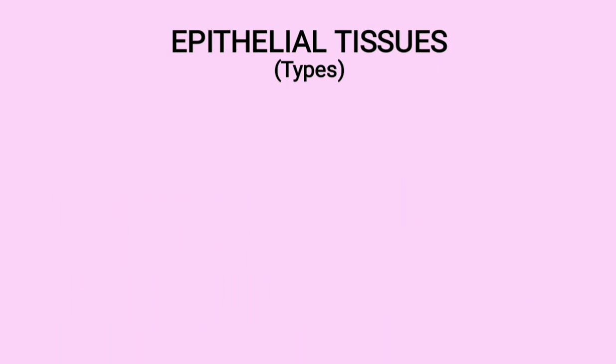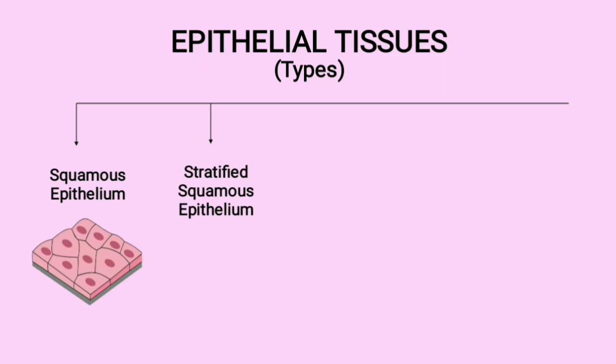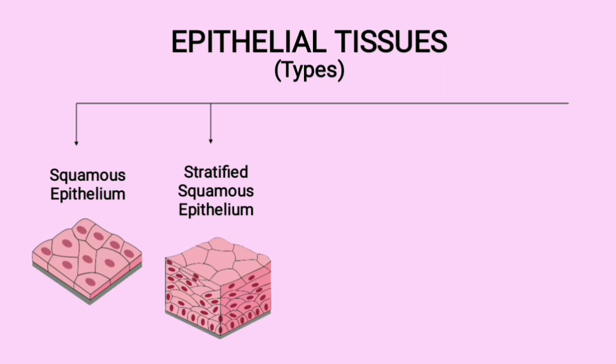There are so many types of epithelial tissues depending upon their structure. The first one is the squamous epithelium. This is the simplest kind of epithelial tissue. The second one is the stratified squamous epithelium. We will discuss everything in detail. You just memorize the terms for now.